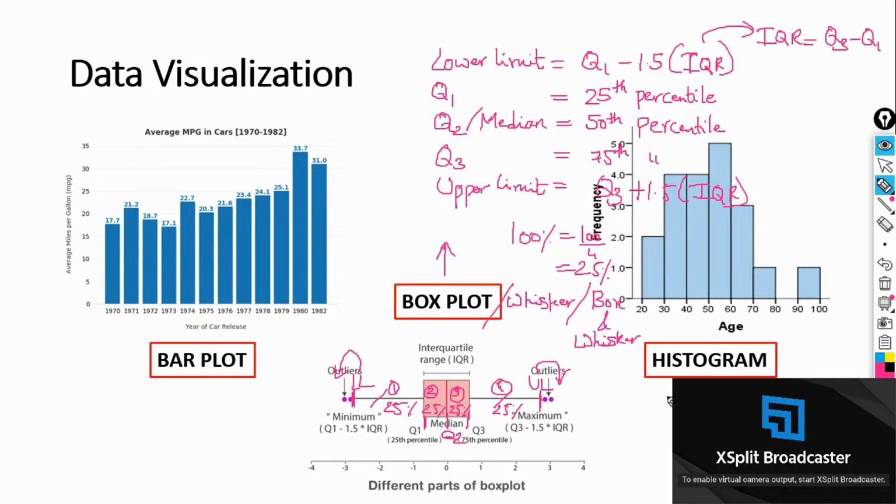For example, I take salaries of an organization. There is a column called salaries, and these salaries I'm taking into consideration, and I'm calculating the limits. The lower limit that I got is 100. The upper limit that I got is 1000.